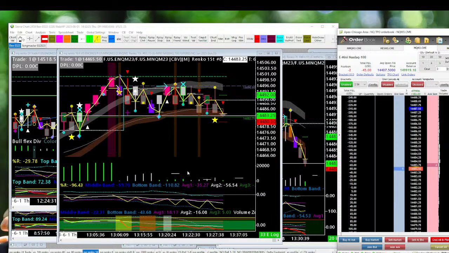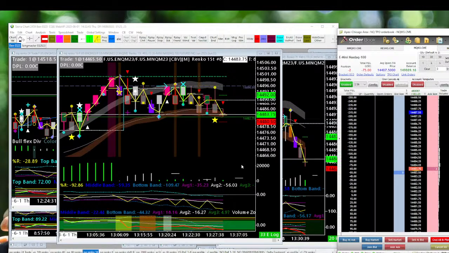If it goes too slow, I will give it up, assuming I'm in profit, like I am. But yeah, trading counter trend is just tough. So you want to be very selective and very nimble.